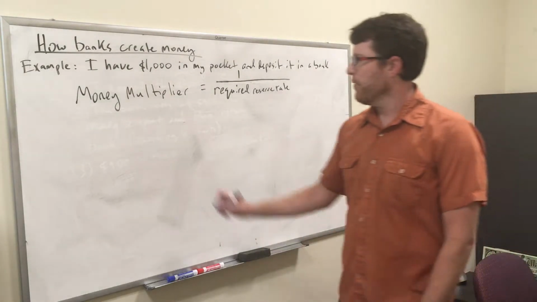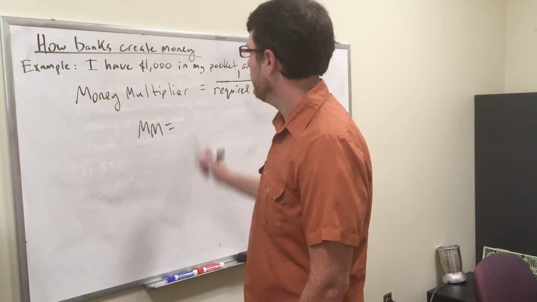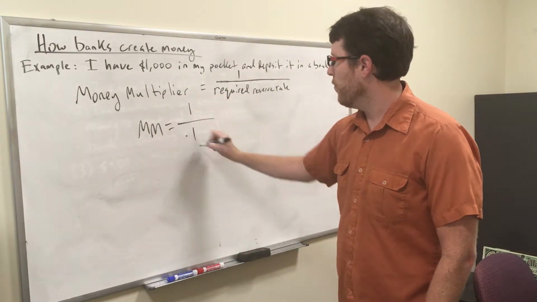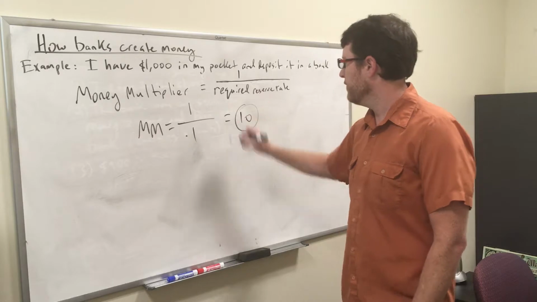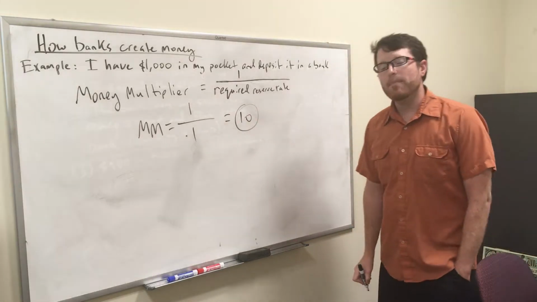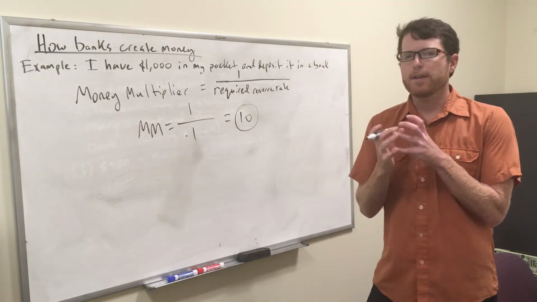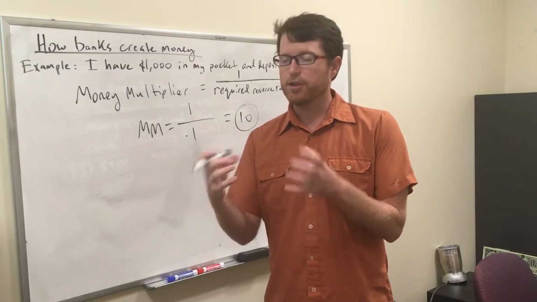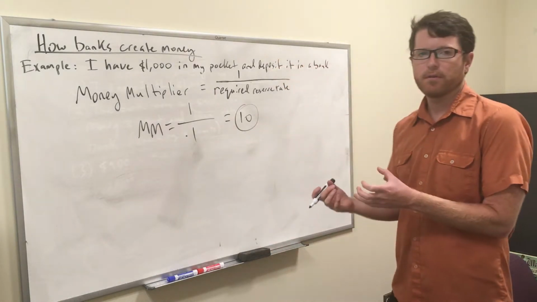So the money multiplier right now in the U.S., for our example and in the real world, is 1 divided by 0.1, which is 10. And what that means is, for every dollar that initially exists, up to $10 could be generated from that initial dollar. Okay?